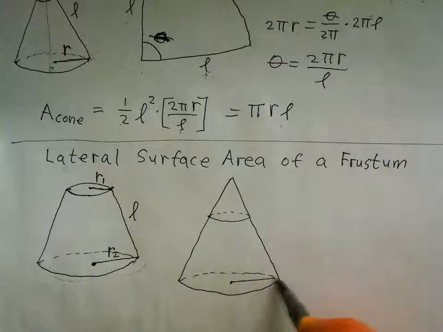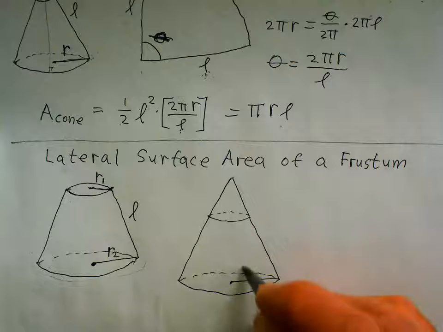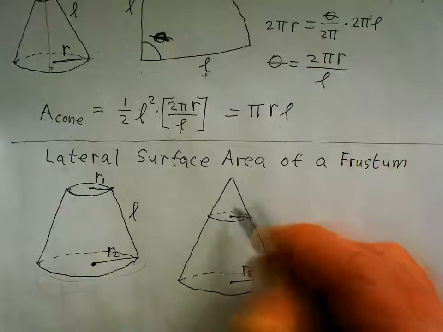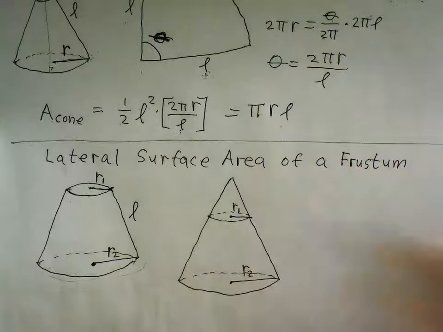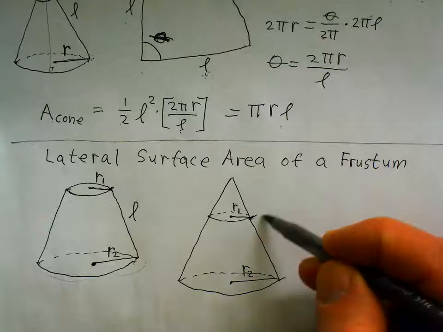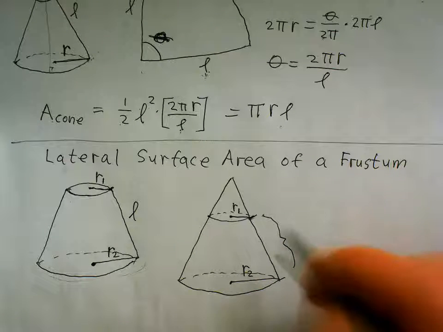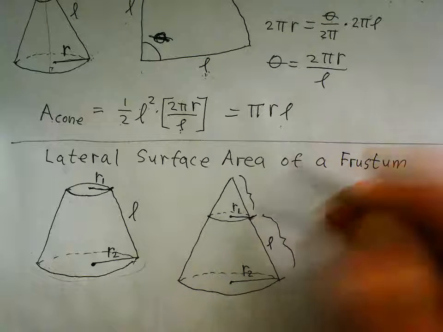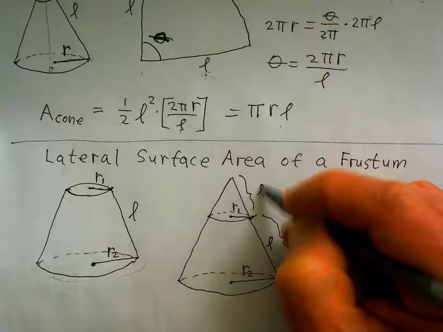So the radius of the circle on the bottom is r sub 2. The radius of the circle on top is r sub 1. We're referring to this length as L. So this length up here, we will refer to as L sub 1.